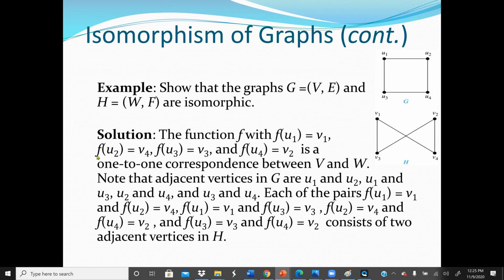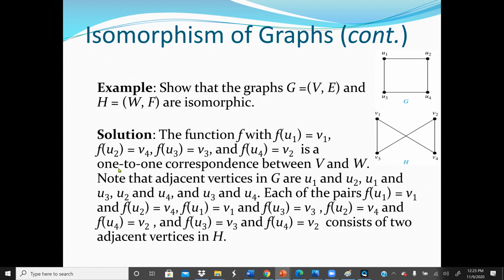Now f at u2 is equal to v4. And we can look here, u2 has two edges, and v4 has the same thing, two edges, in the same position. Then we have f at u3 equal to v3, and f at u4 equal to v2.